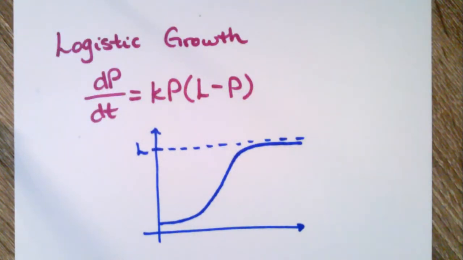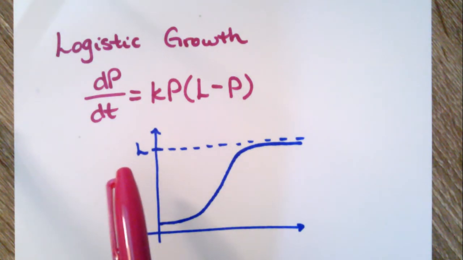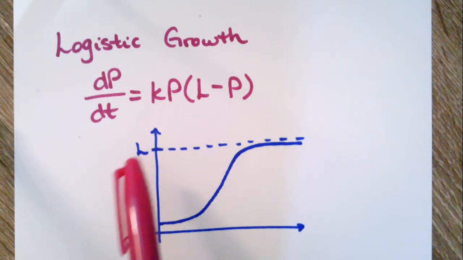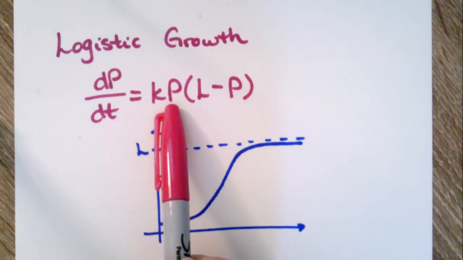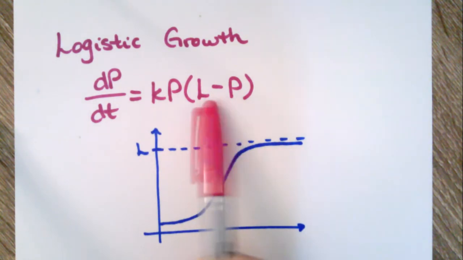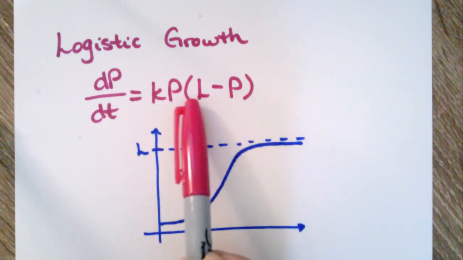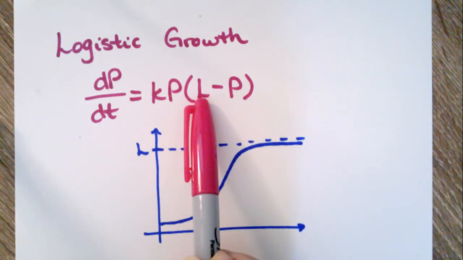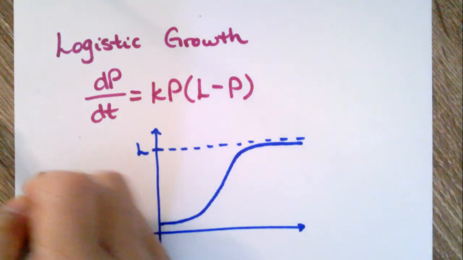A logistic growth differential equation looks like this, where the rate of increase is directly proportional to both the current population as well as the remaining potential for growth. L here stands for a limit, or it's also sometimes called the carrying capacity.